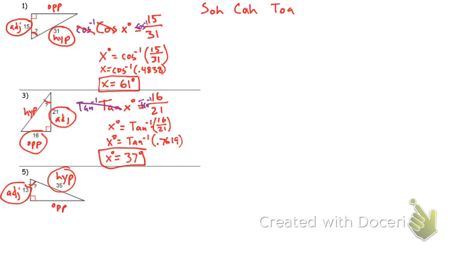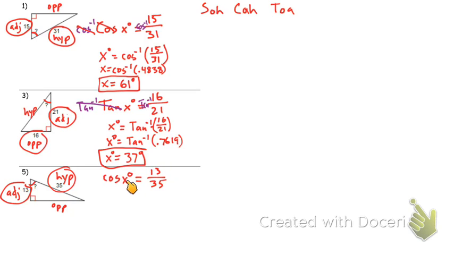So if we look back over here, adjacent and hypotenuse, we're going to use cosine once again. So it's going to be cosine of our missing angle, which is x degree, equals, the formula for cosine is adjacent divided by hypotenuse. So 13 divided by 35.